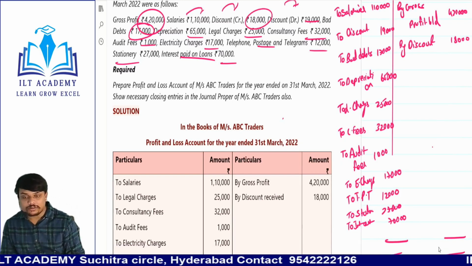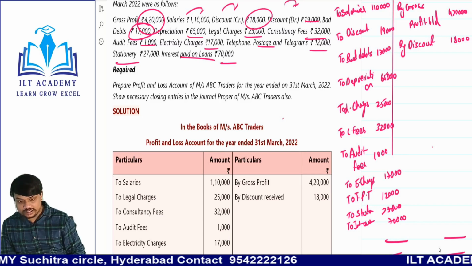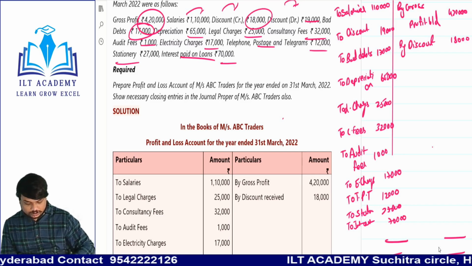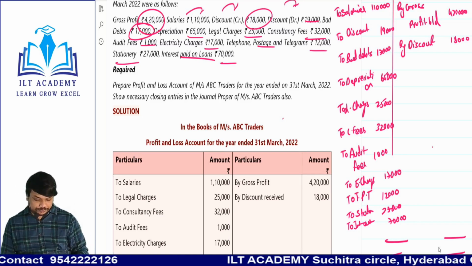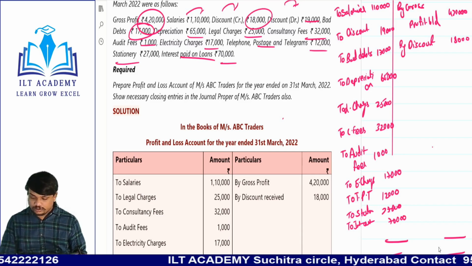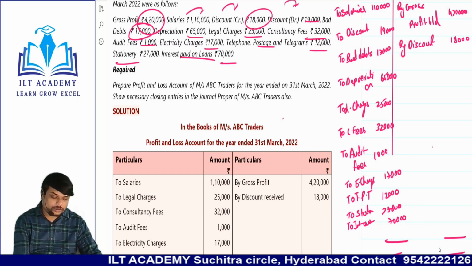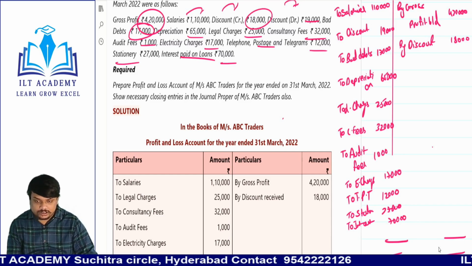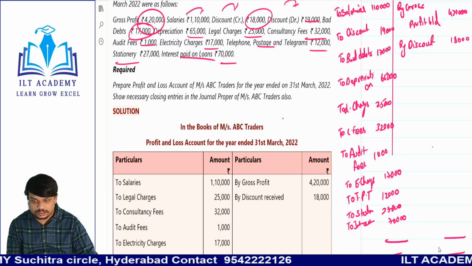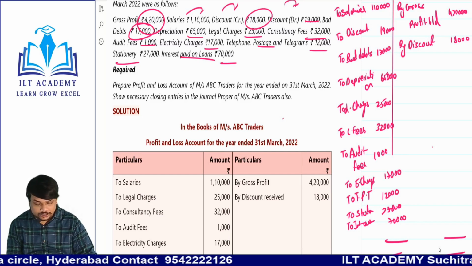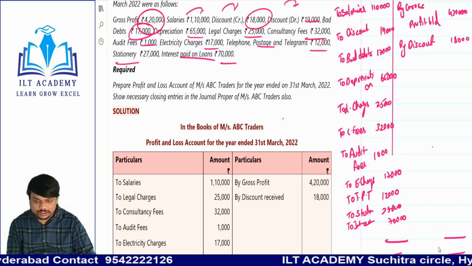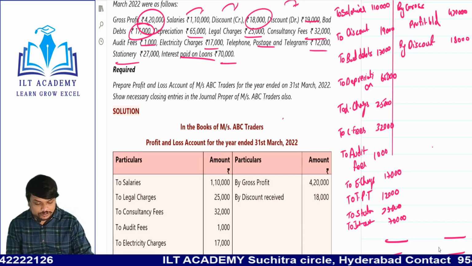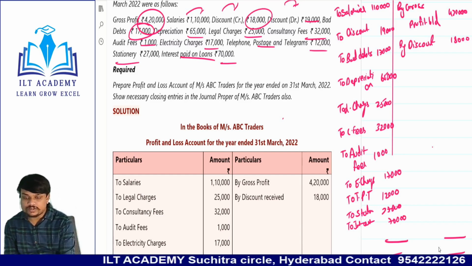And let's check the total of the debit side, which is 1,10,000 plus 19,000 plus 17,000 plus 65,000 plus 25,000 plus 32,000 plus 1,000 plus 17,000 plus 12,000 plus 27,000 plus 70,000. What is the total now?